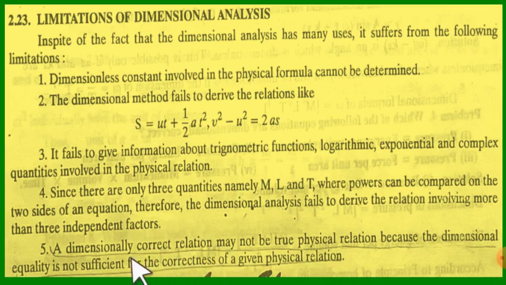So we can only say that if dimensionally it is correct, then the given equation is dimensionally consistent. That much we can say. But if the given relation or equation is not consistent with dimensions, then we can certainly say that the given relation is a wrong equation or relation.